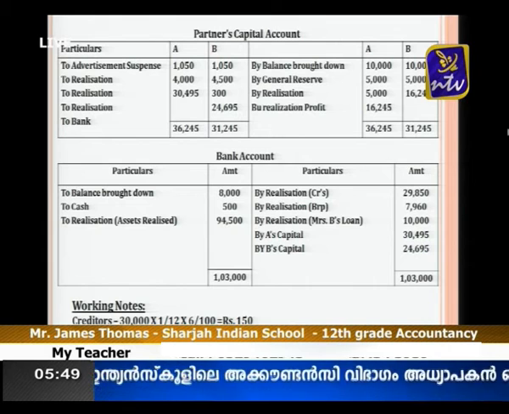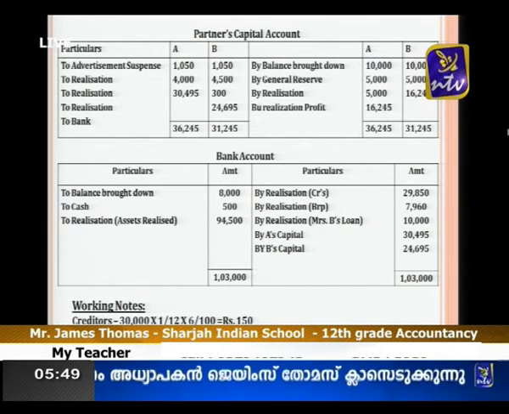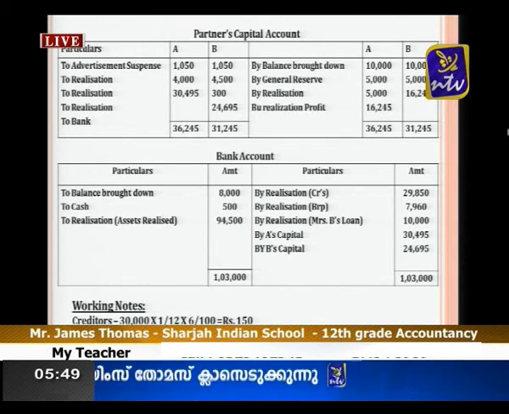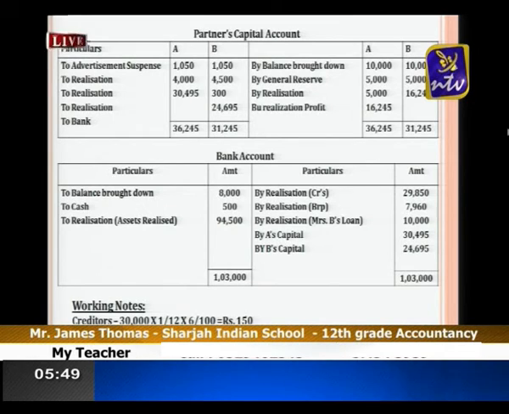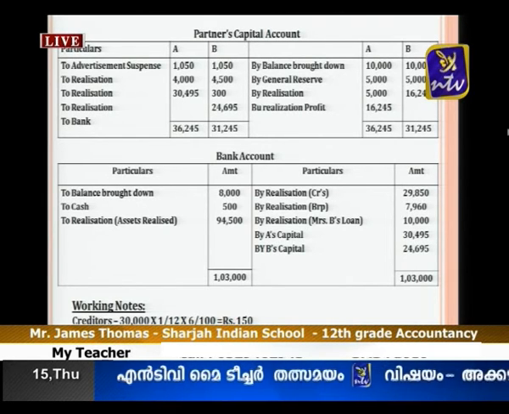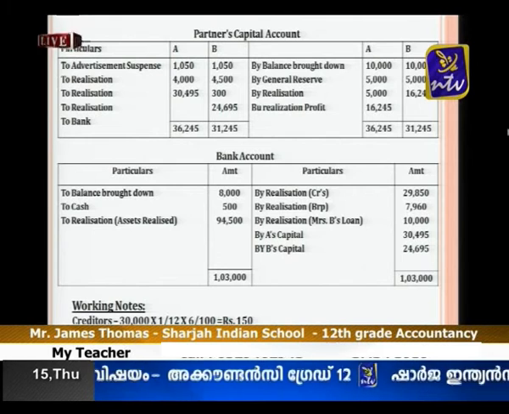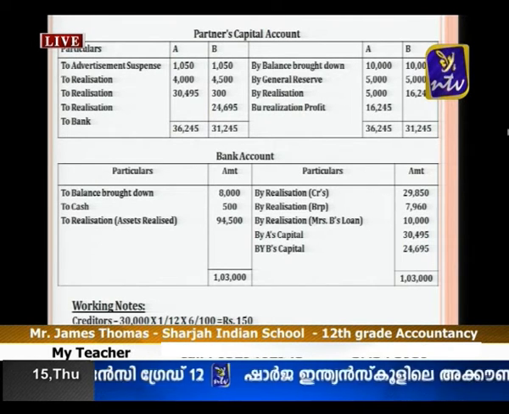The realization profit we are crediting to the partners' capital account, the advertisement suspense we are debiting to the partners' capital account, and the general reserve we are crediting to the partners' capital account. After entering all these items, we can understand the position of the partners' capital accounts.